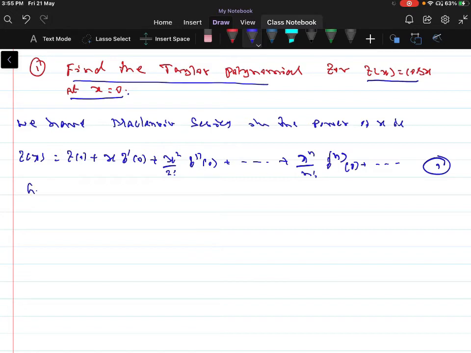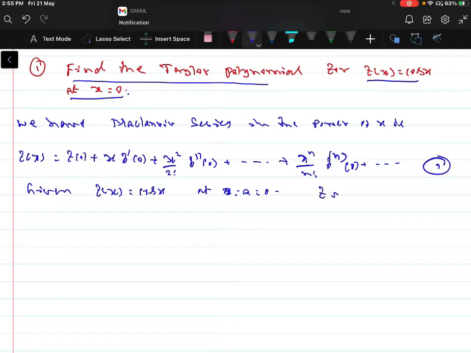So the given function is f of x is equal to cos x, at x equal to a, so that a is equal to 0. What is f of 0? Cos 0 is 1. So find f dash of 0. Differentiating f of x, f dash of x is equal to minus sin x.